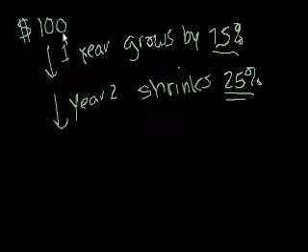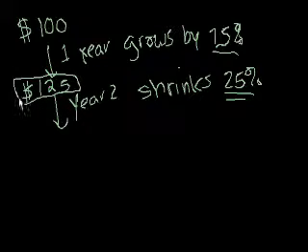If I start with $100 and I grow it by 25%, 25% of 100 is $25. So I grew it by $25, so I go to $125. Right? So after 1 year of growing by 25%, I end up with $125. And now this $125 is going to shrink by 25%.